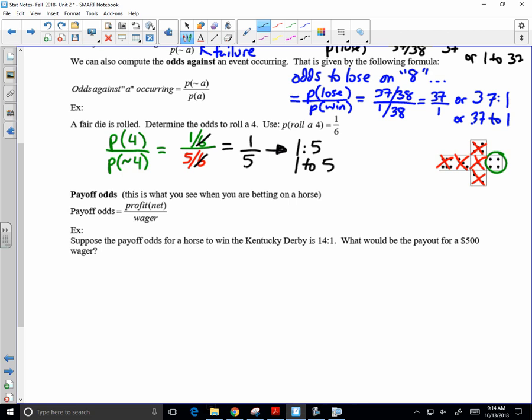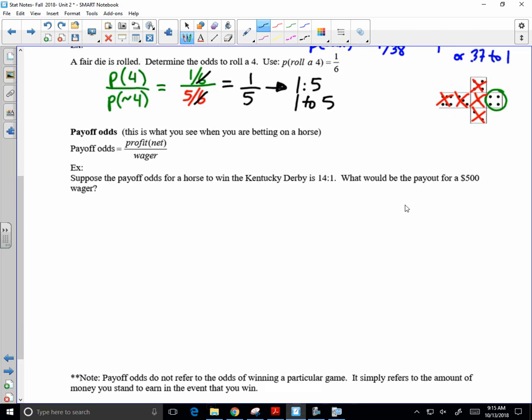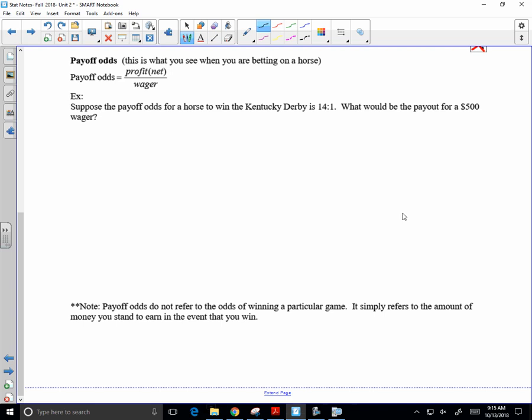For horse racing, you don't get the bet back, right, because you paid for the ticket. So they don't hand you the value on the ticket and then an additional like $10 for your wager or something like that, right? So your wager is forfeited, but you don't care because you just won 14 times $500. So you don't really care about the 1 times $500 that you're not getting back, right? So net depends on the game.